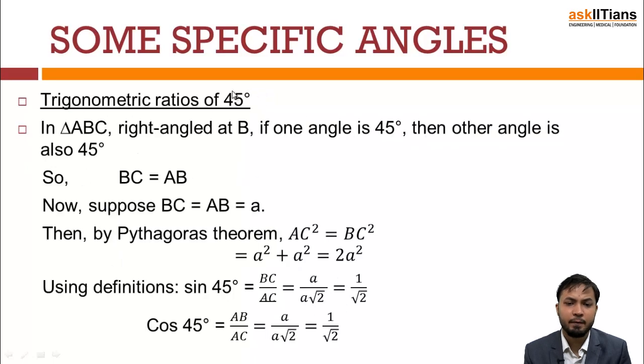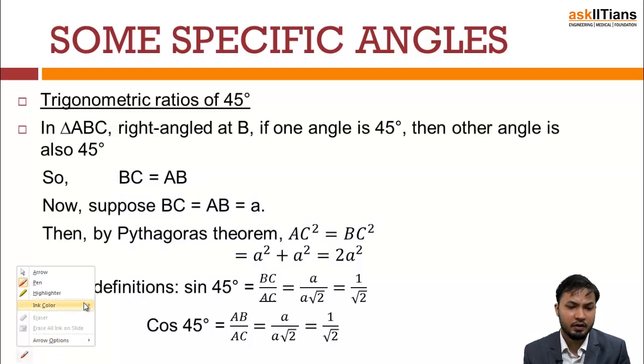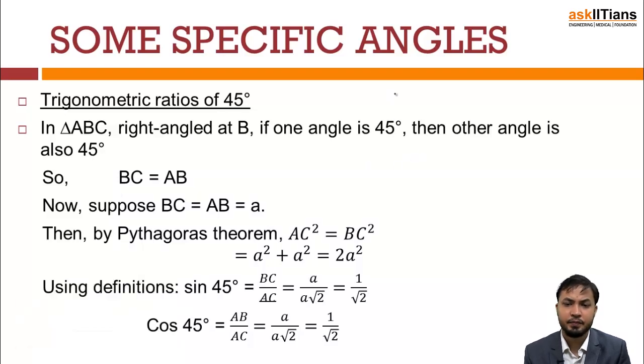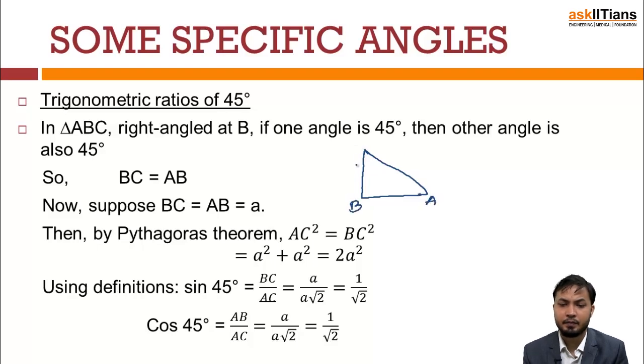So for this 45 degrees, let's say I have a right angle triangle like this. In this, I can have the sides as A, B and C. Remember, whenever we are dealing with trigonometry, one should always try to draw the right angle triangle so that we know which value stands for which.